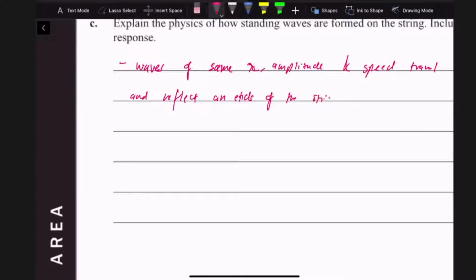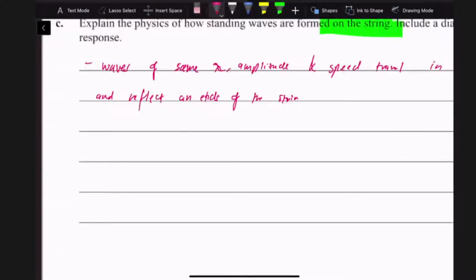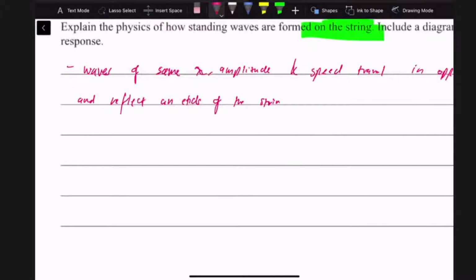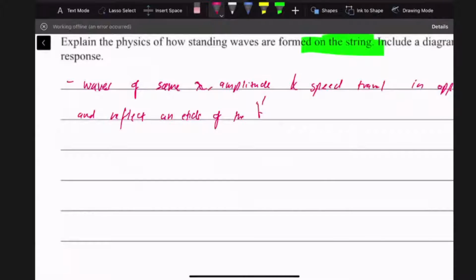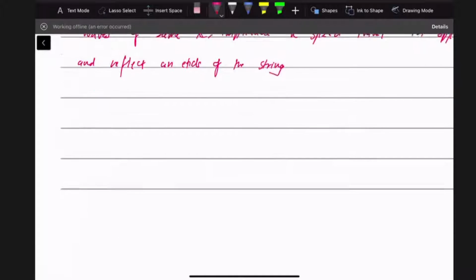Because it's asking about the string here, we're still talking about the previous parts of the question, so we know we're still talking about a string closed at both ends.